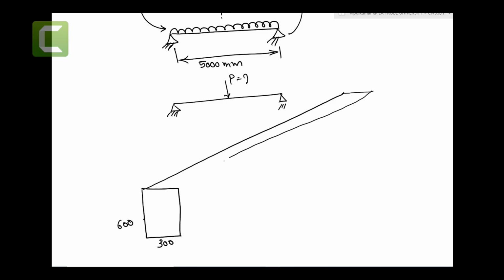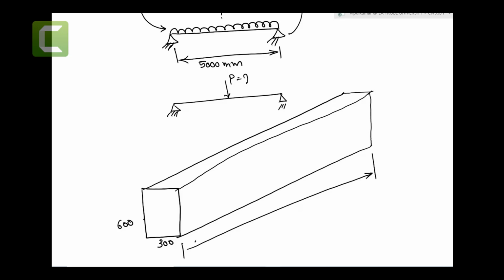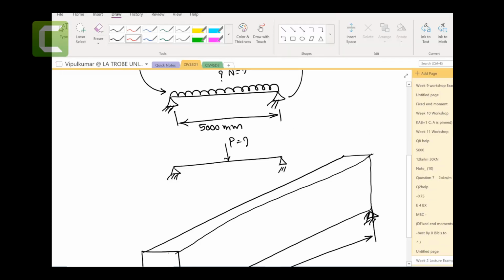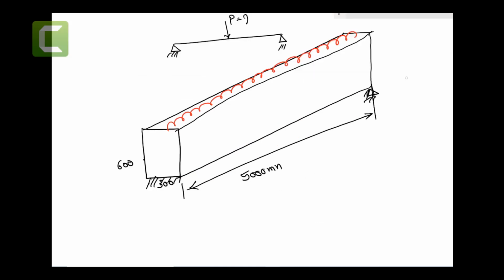Let me draw it up a bit more. I hope it makes sense. And this length from here to here is 5000 millimeters. What they want is basically we have a support at this corner and a support at this corner. Now they want to know what would be the uniformly distributed load as a line load.